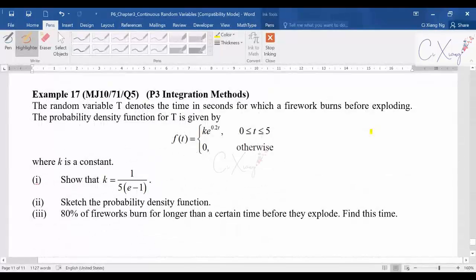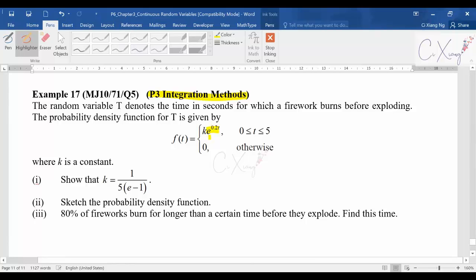So this is one example that involves the P3 integration method. For this example, it is still easy because they just ask you to integrate e power, which is a basic one. I believe that again, maybe some of you haven't learned how to integrate e. I will just show you the basics here.